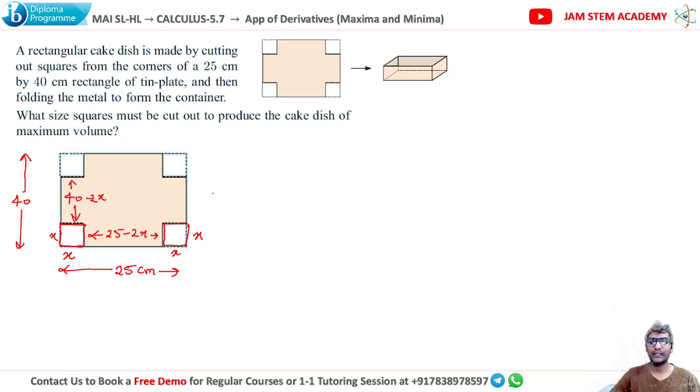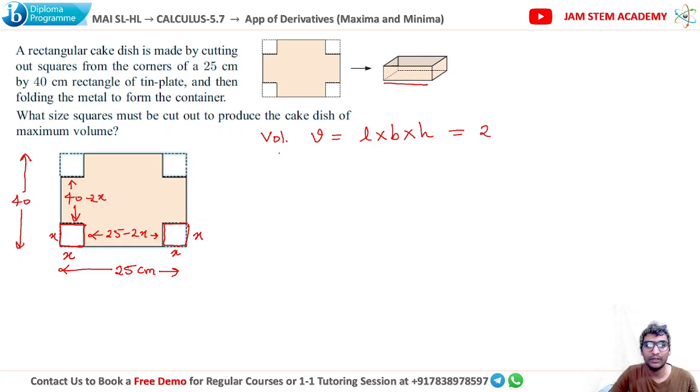Okay. Now let's find the volume. It's a box without top. So it is a cuboid actually. So now the volume, let's call it V, is given by length into breadth into height. Here the length part is what? 25 minus 2x.